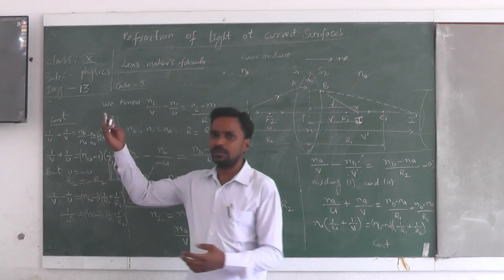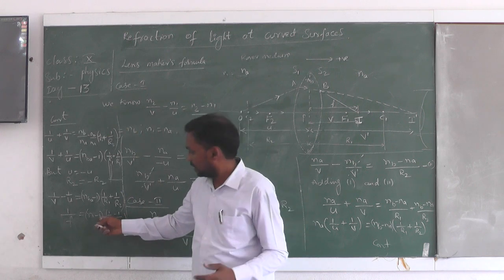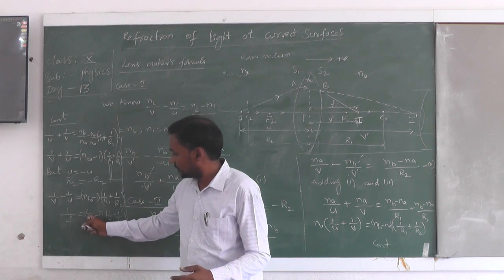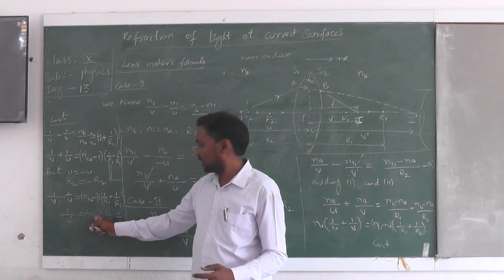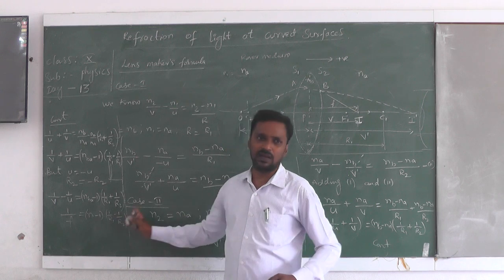That means NA by NA will cancel and give 1. So like that, the refractive index with respect to glass is taken as N minus 1 into 1 by R1 minus 1 by R2.